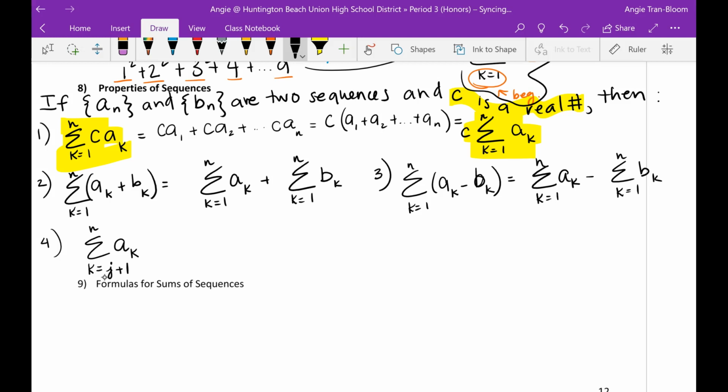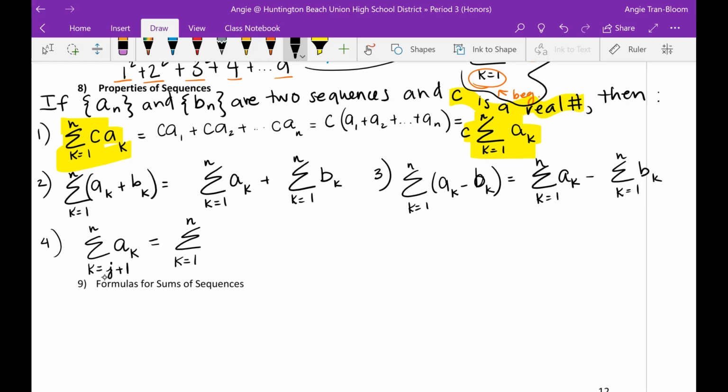So again, the summation of K equals j plus 1. What this really means is that I don't want it to start at the value of 1. Then I can turn it into, what if I want it to start at 1? In a little bit, we are going to do problems where things don't start at K equals 1. And usually we want it to start at 1 because it's easier, right? But sometimes that doesn't really happen. Okay, so how do we bring things back so that it can start at 1?